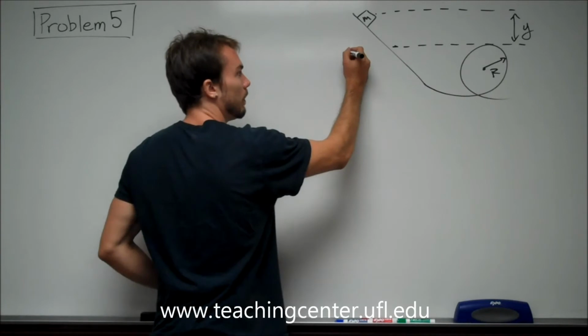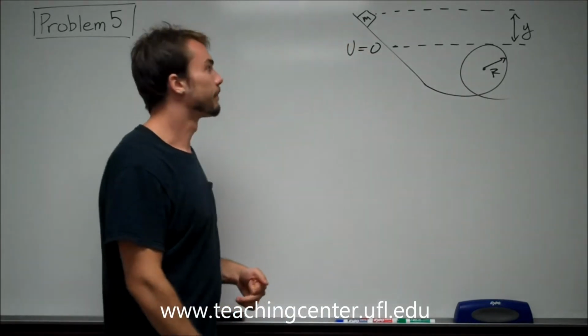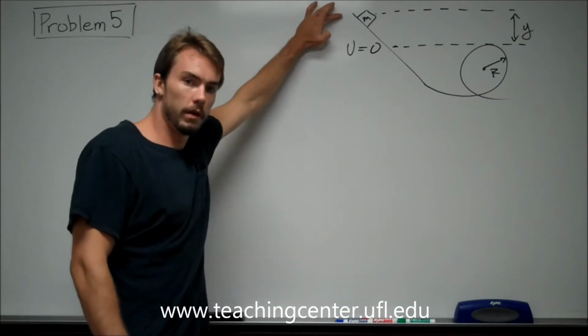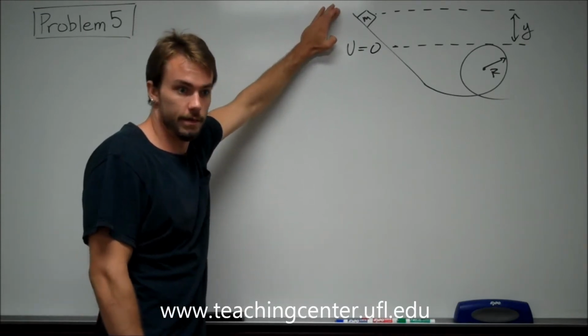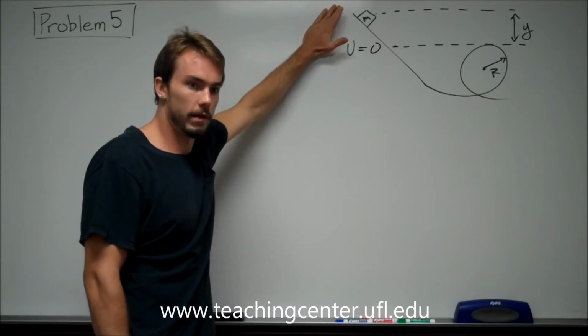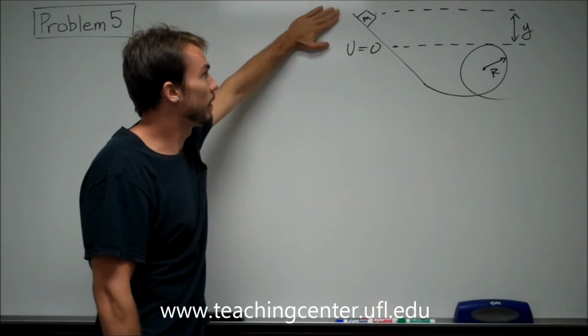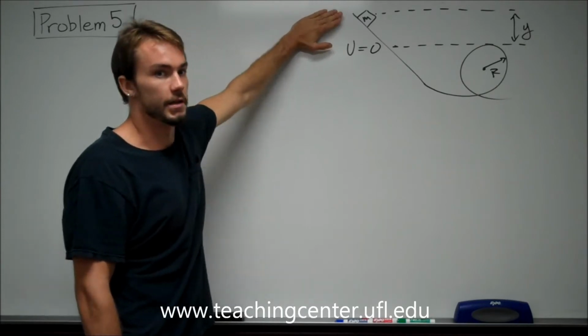If you're there, you have no potential energy. Initially, it starts from rest, so it has no kinetic energy. If there are no springs in any part of the problem, and no external forces outside of gravity, we don't have to worry about any work or friction. So right here, all it has is potential energy.